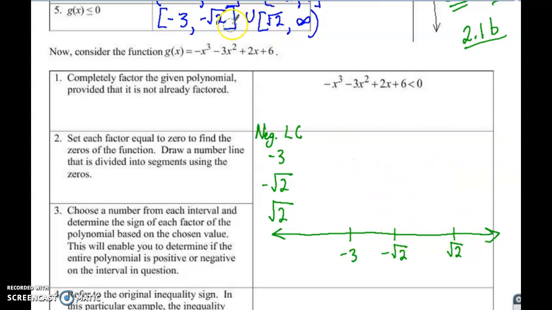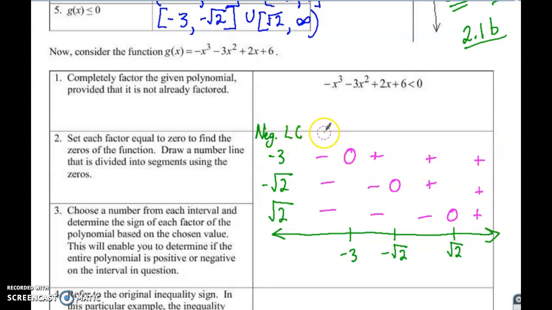But if you want to make a big fuss over it, go for it. So I'm putting a 0 at -3, a 0 at negative root 2, a 0 at root 2. Any value to the left, I'm going to put these negatives in here. Any value to the right, I'm going to put positives. Remember, on the number line, to the left of zeros are negatives, to the right of zeros are positives.